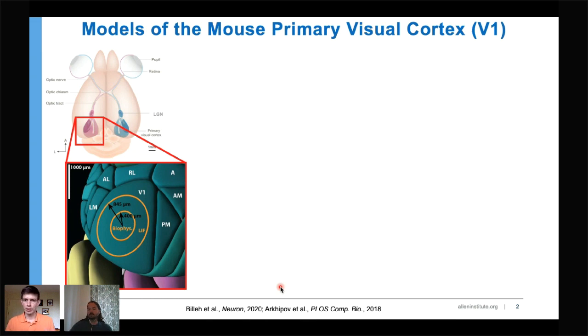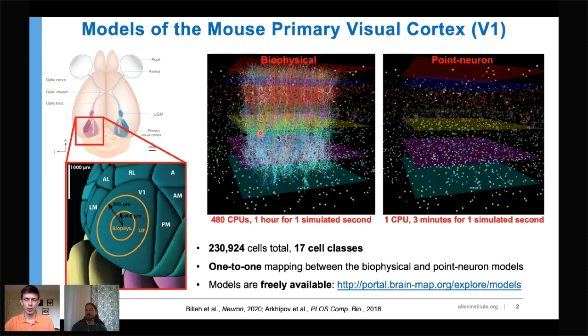So these are the models that we constructed. They've been published recently, most recently in this paper in Neuron. As I said, they focus on mouse V1, the primary visual cortex of the mouse, here at the back of the brain. They span all 6 layers of the cortex from layer 1 down to layer 6.